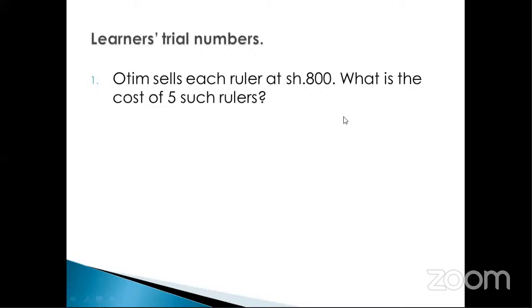And then after we shall do together. Sazi Pius, please, can you come on and explain number one? How did you do number one? We are waiting for you, Sazi Pius.